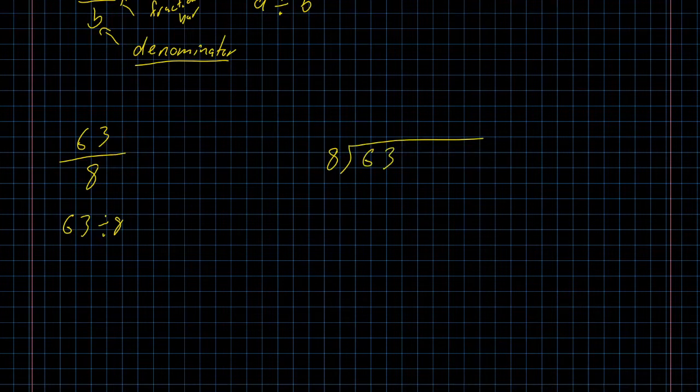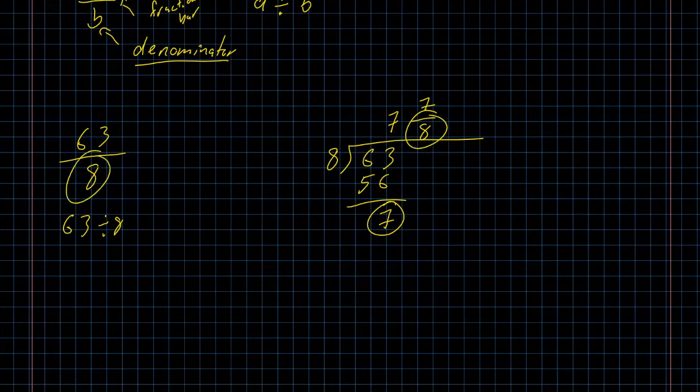Well, that doesn't quite work out nicely, right? 8 times 8 is 64, so we're too big there. I guess we're going to have to go with 8 times 7, which is 56. Subtract that off. 63 minus 56 is 7. This 7 becomes the numerator of the fraction, and then the denominator is the same denominator we had before.